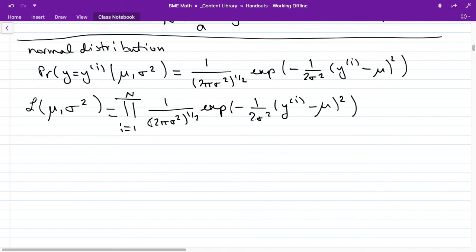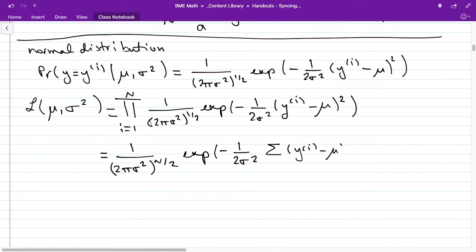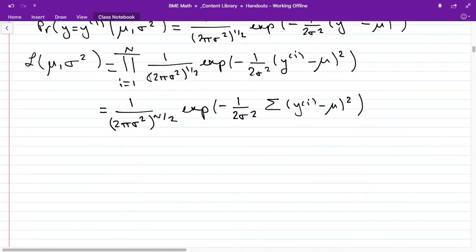If I multiply this through, on the left side I have 2 pi sigma squared raised to the power of n over 2, times an exponential of minus 1 over 2 sigma squared times the sum of the exponents. So what we typically do, because we have an exponential here, is that instead of maximizing the likelihood, we maximize the log of the likelihood.